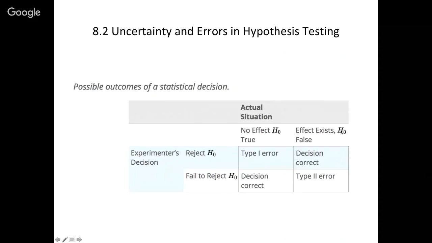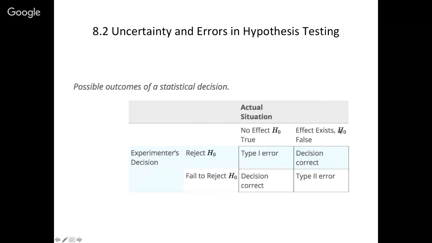And in another situation, there is an effect, and we also reject the null, meaning we decide that yes, there is an effect. They are consistent, so we make the decision correctly.